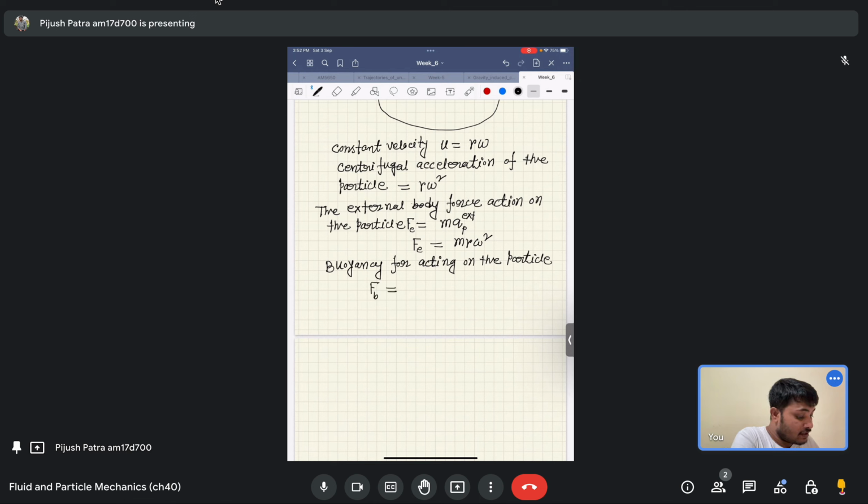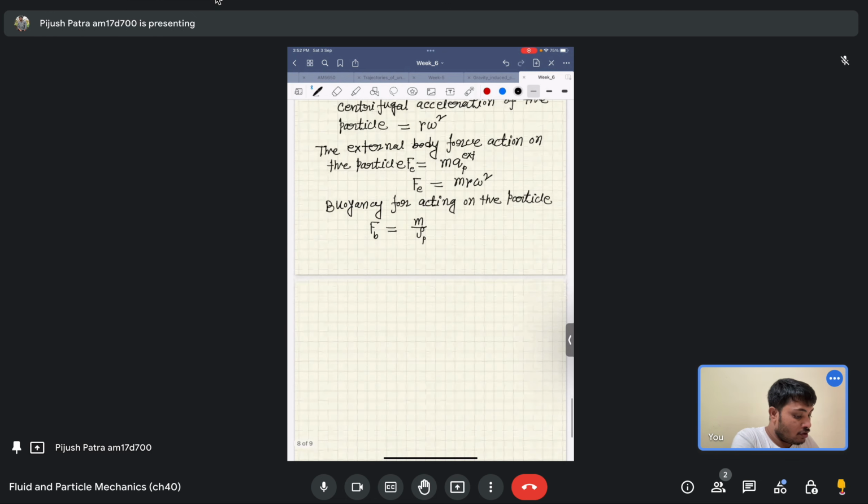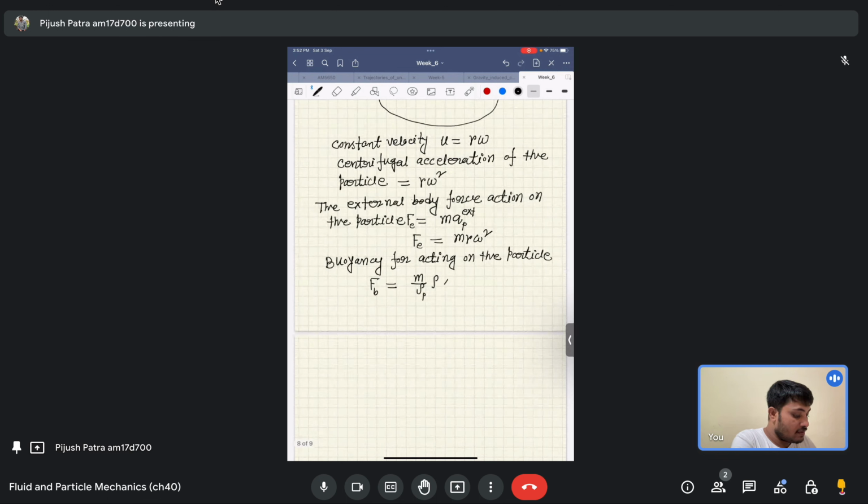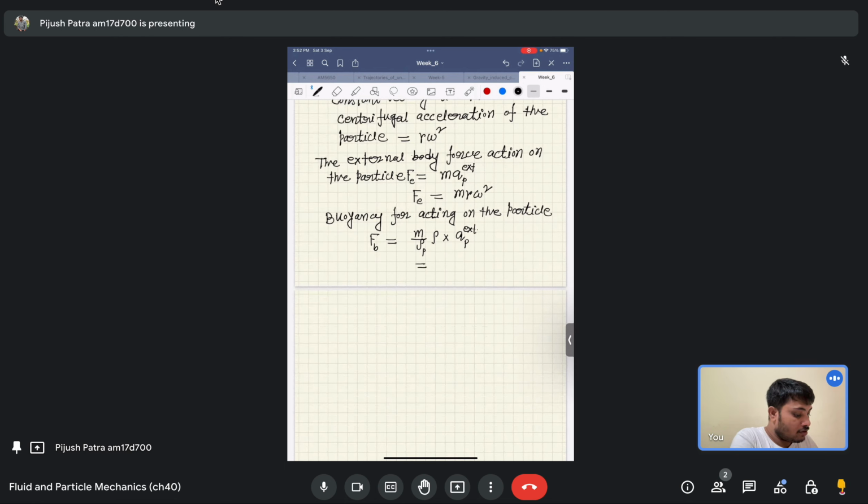What was the definition? m by rho p is the volume of the particle, into rho is the displaced mass of the fluid, times the external acceleration. What is that? So this is m rho by rho p into simply r omega square.